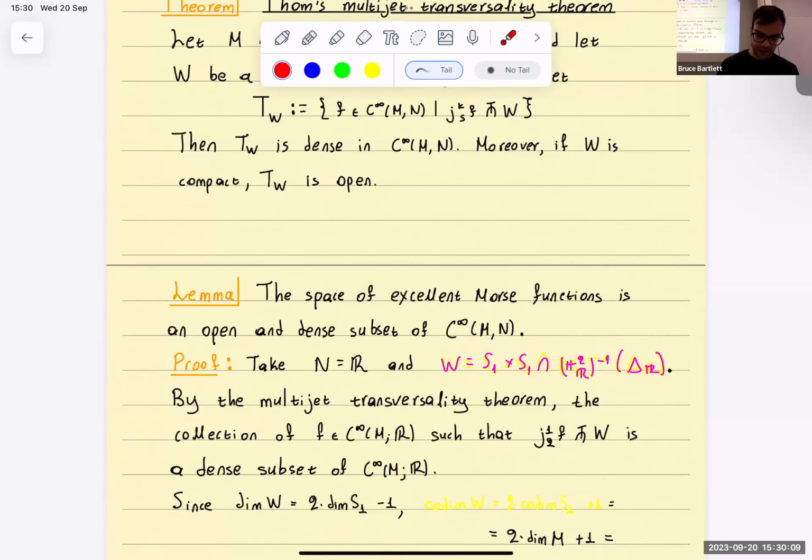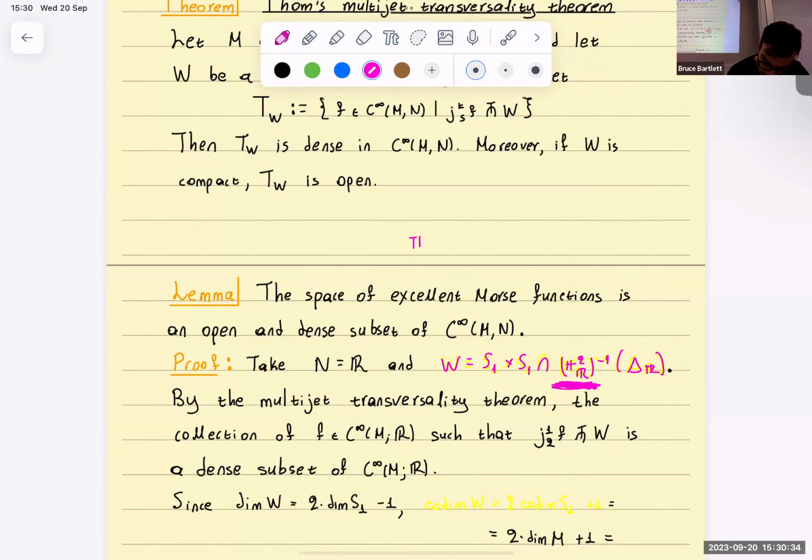How do I know that's a manifold? That's a good question, and it's because I'm projecting. This map here, pi R2, is a submersion.